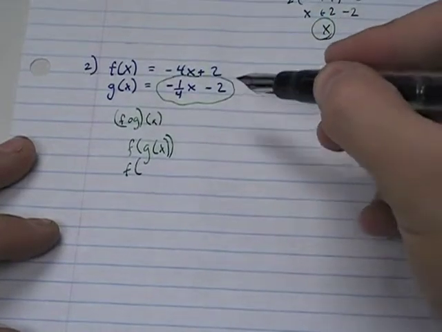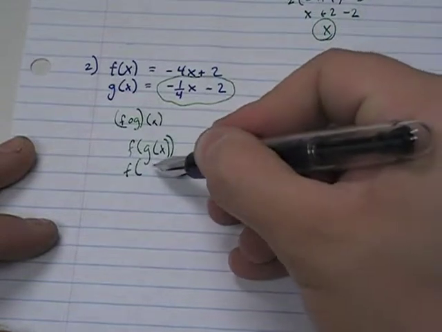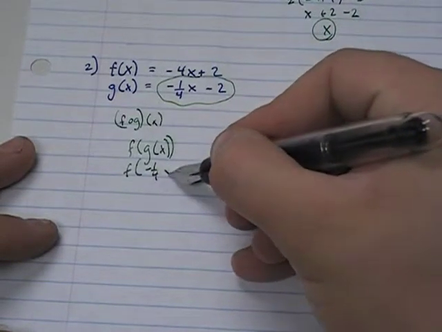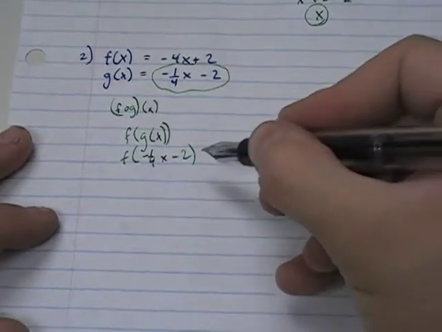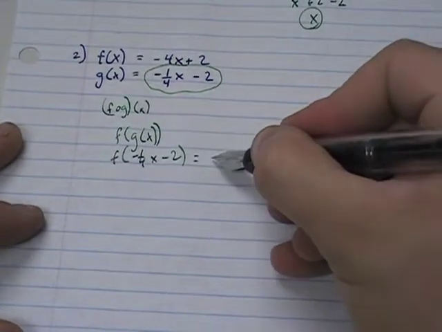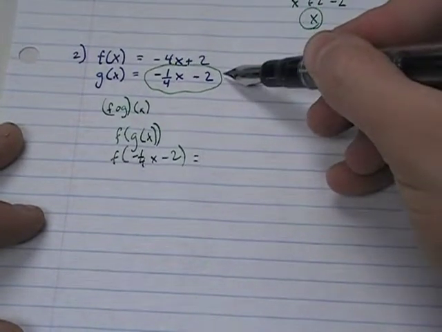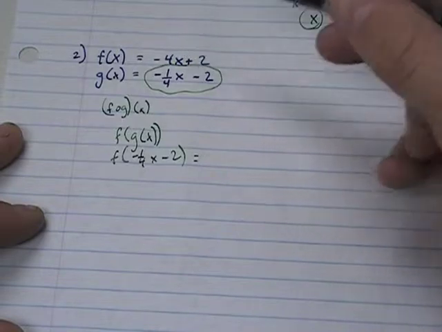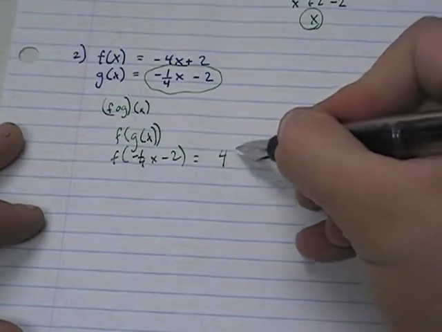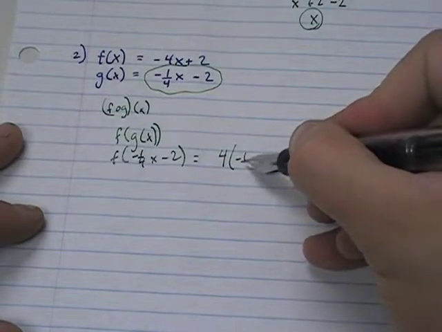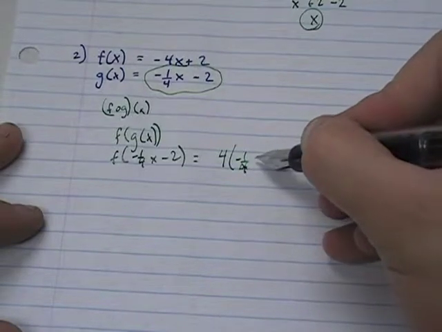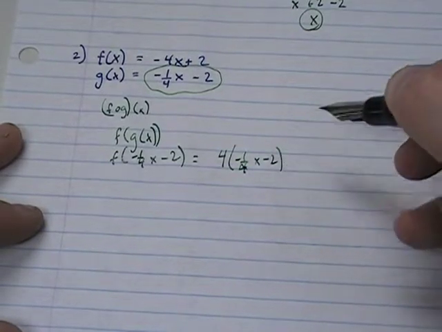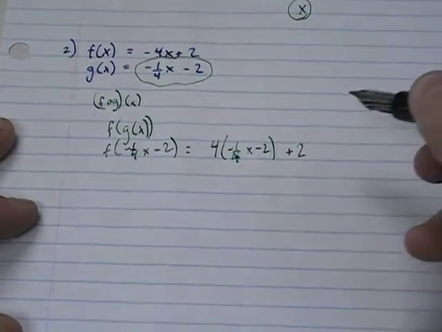So I'm going to plug that into the function f. So negative 1/4 x minus 2, if I plug this function into this function, everywhere I have x, I get 4, and then everywhere you have x, you put negative 1/4 x minus 2 plus 2.